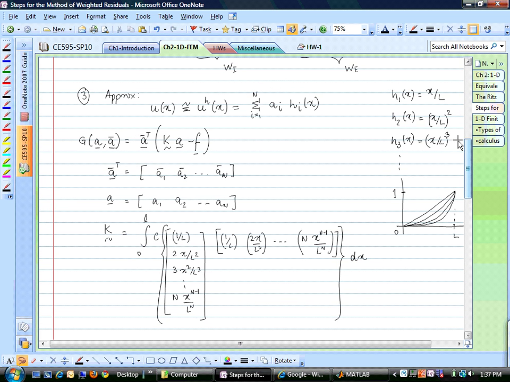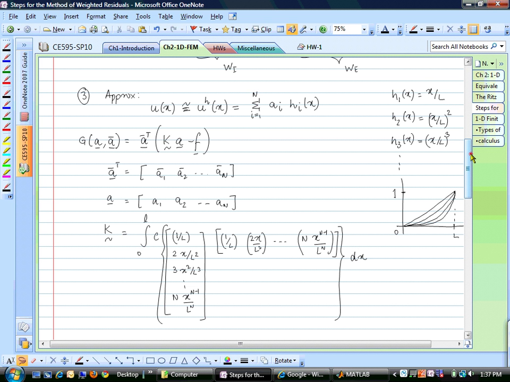Another thing to note here is that as soon as you take the derivative of this first function, you get a constant, 1 over L, right? You take a derivative of that, it becomes 0. 0 is also a continuous function, right? So after that, you can keep on taking derivatives and it wouldn't matter.